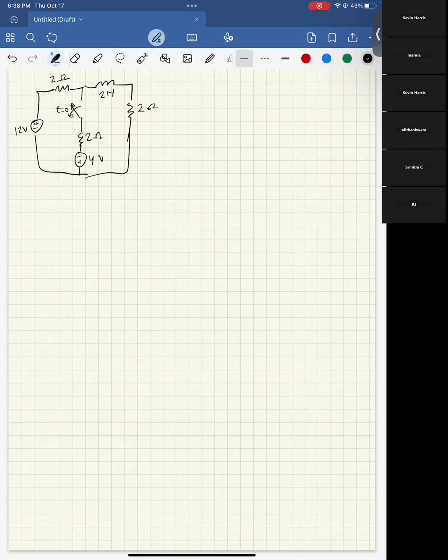So what this is saying is that the switch was closed, and then at 0 seconds, it moves out of the way.